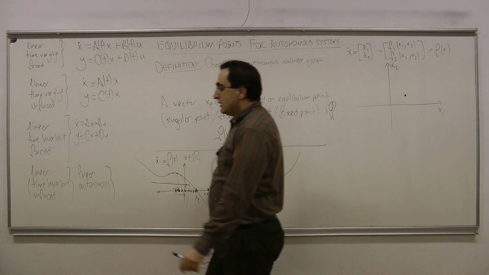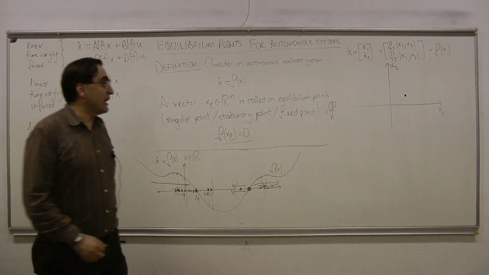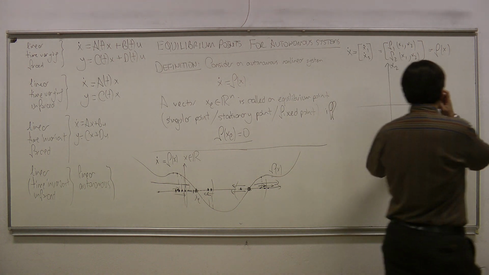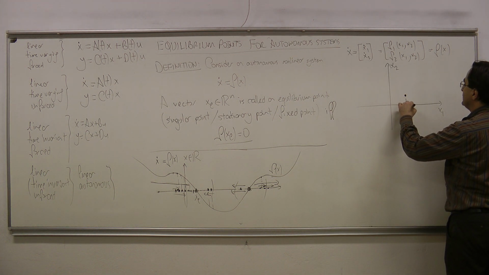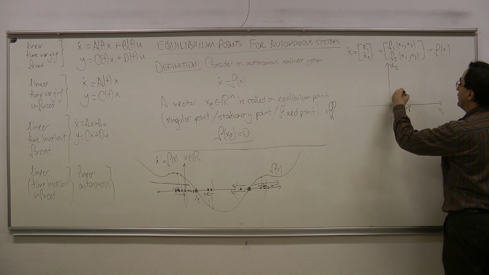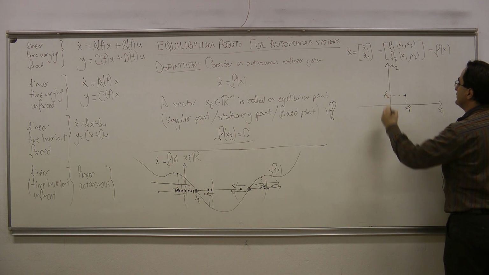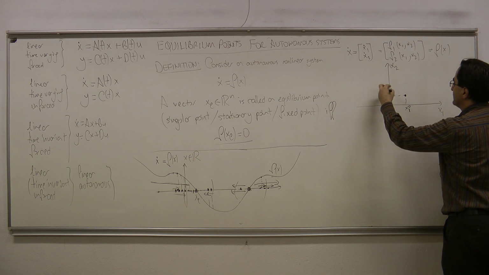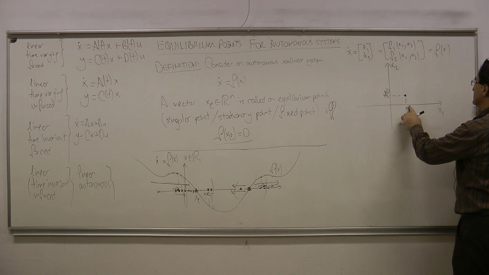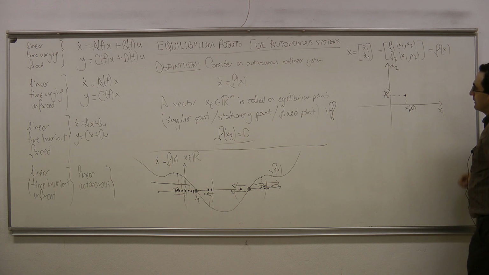Okay? So when I look at what f of x is, so this is my x1 0, and this is x2 0. So let me say that these are initial conditions.